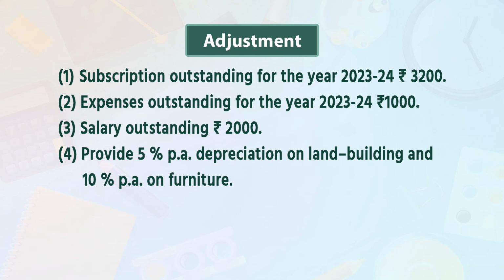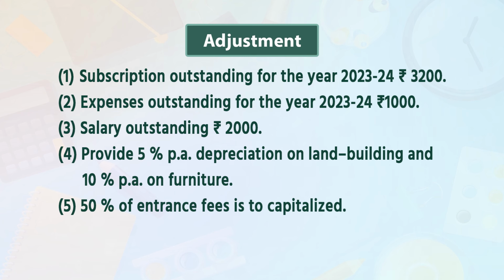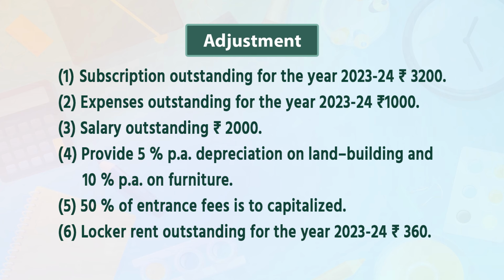Next, provide 5% per annum depreciation on land and building and 10% per annum on furniture. Fifth point, 50% of entrance fees is to be capitalized. It is similar to the previous question. There also entrance fees has been given in the same manner. And the next point is locker rent outstanding for the year 23-24, rupees 360.